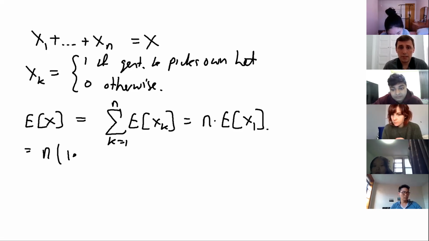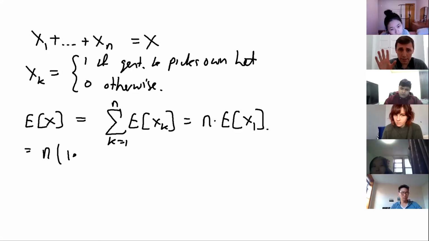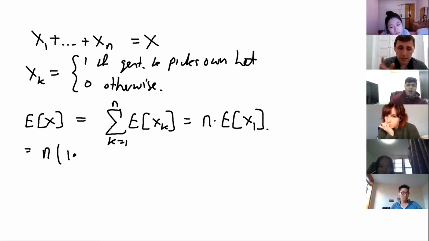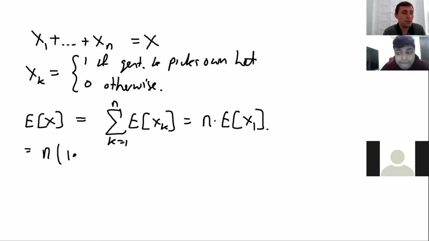Yes, 1 over n. Because, guys, I can ignore the others, right? If each of them picks a hat randomly, then there is no preference to the hat that is allocated to person number 1. It is either hat 1 or 2 or 3. Only one of them is his own hat, so it's 1 out of n.